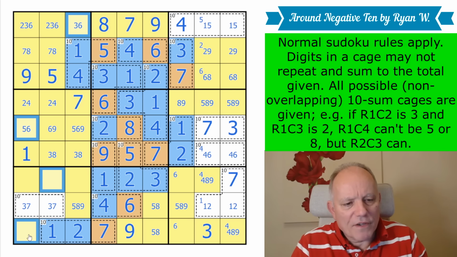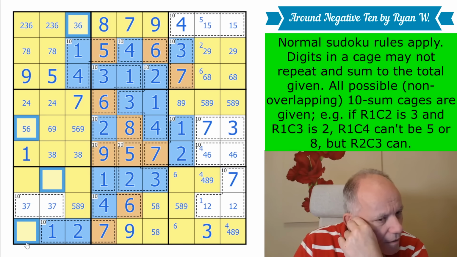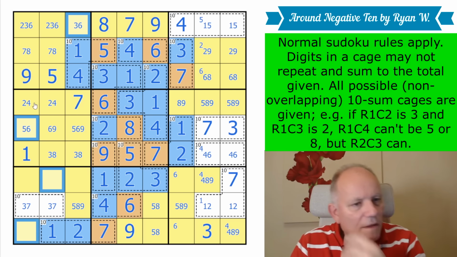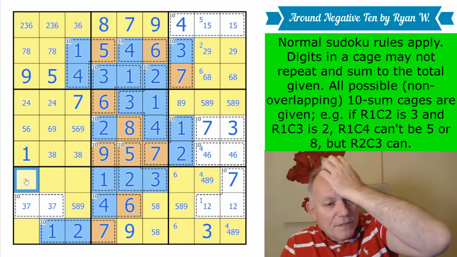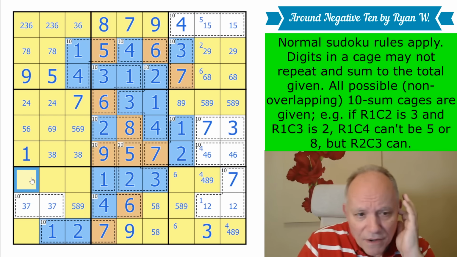So 4 would have to go here in the corner. And that would be 2, and this would be 3. That would have to be 8 at that point. It's quite confusing, but I think it does just survive.